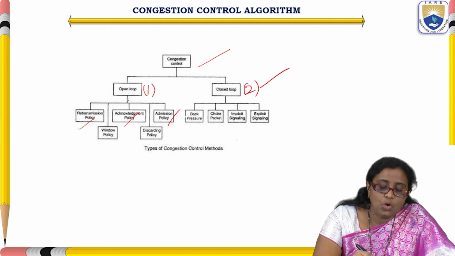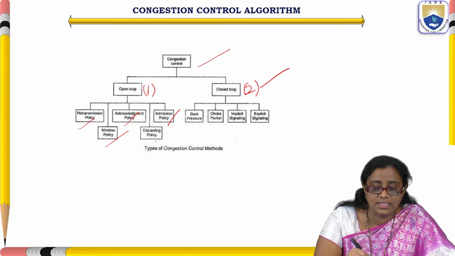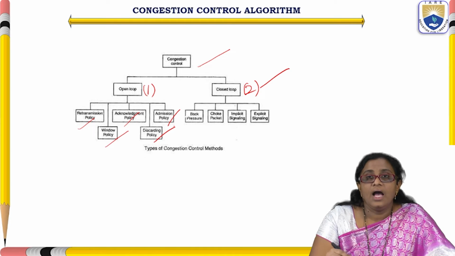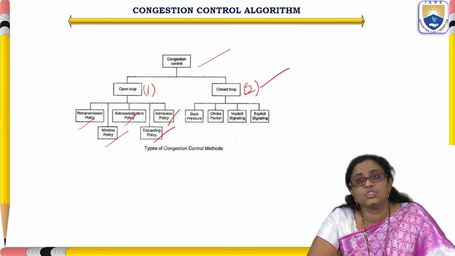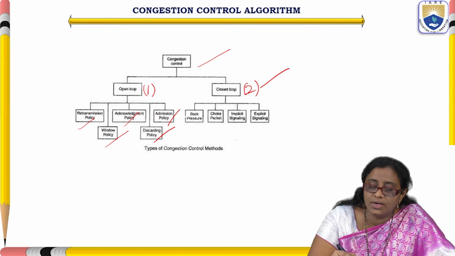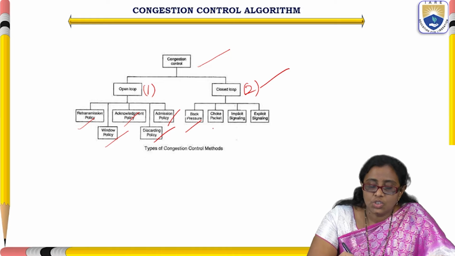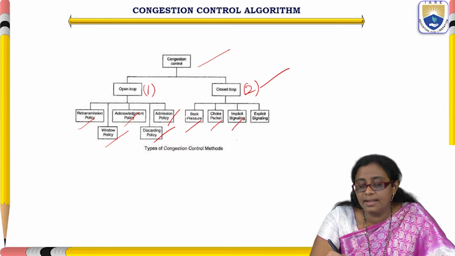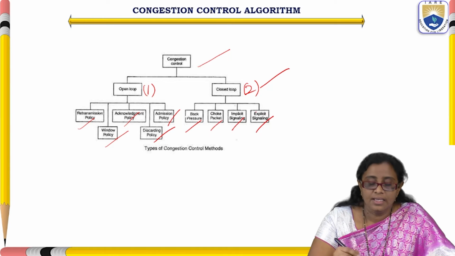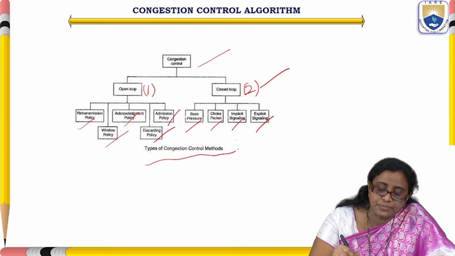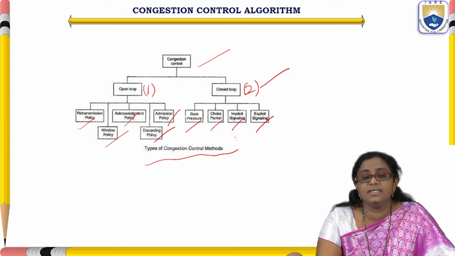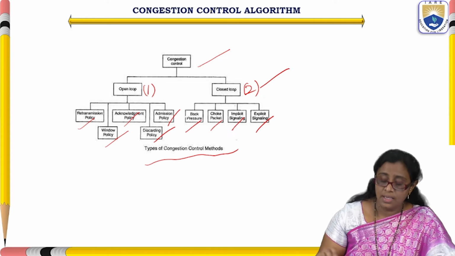And again the open loop can be divided into the window policy, and the second one is the discarding policy. Coming to the second section, the closed loop is again divided into four types: back pressure, choke packet, implicit signaling and explicit signaling. Mainly these are all the types of congestion control methods or congestion controlling techniques.